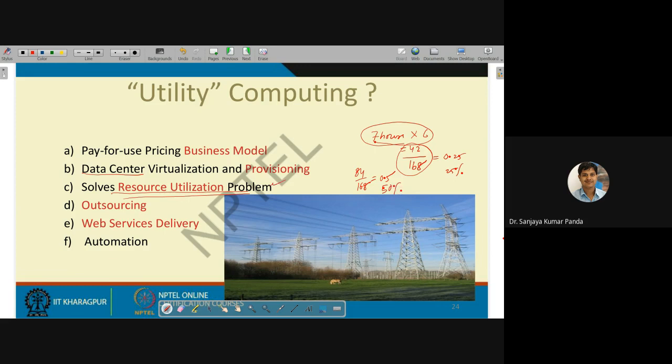Obviously, the resource utilization problem is solved. Whenever you have multiple users, definitely the resource utilization is improved. Because if you see, prior to cloud computing, the utilization was very, very low. Utilization of a personal computer is only 5 to 10%. Like prior to COVID, when we had offline classes, nobody used the computer system.